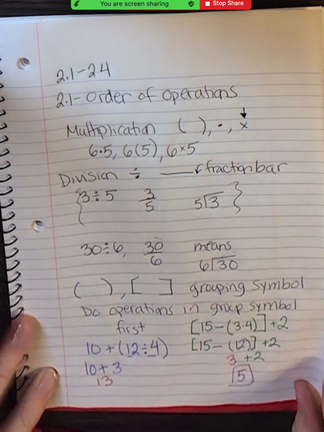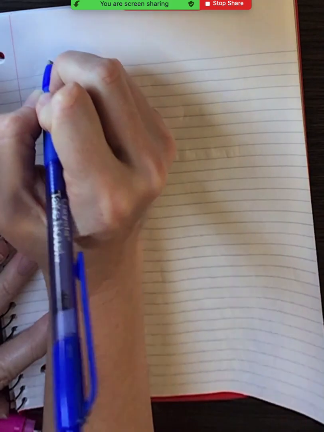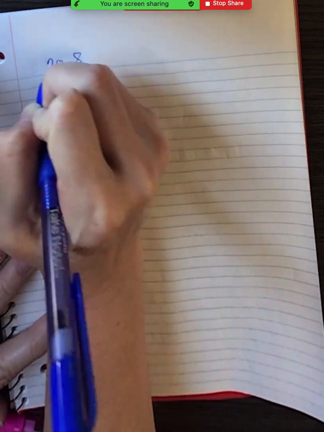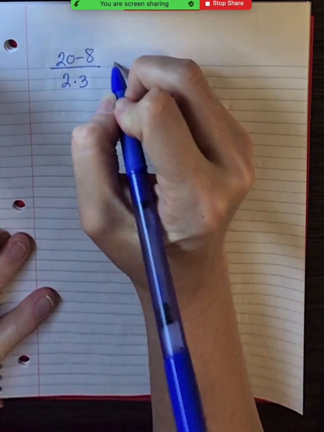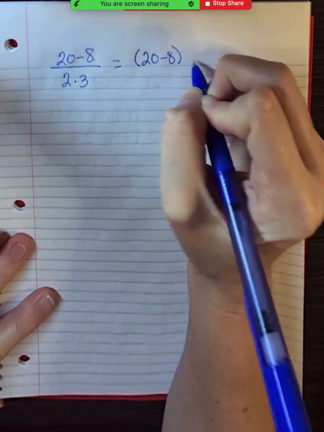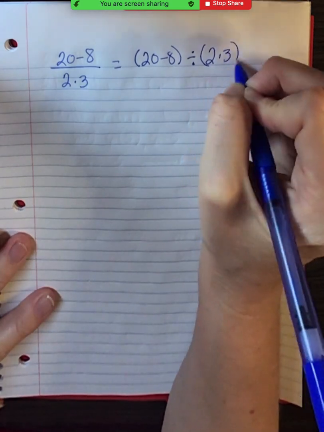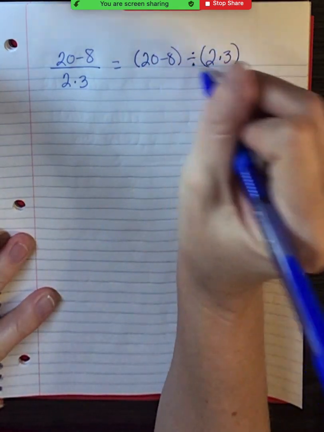Another grouping symbol is the division bar. Because if I consider 20 minus 8, and then the division bar, 2 times 3. If I were to write this out, what it means is in parentheses I have 20 minus 8, then I divide that quantity by 2 times 3. Without those parentheses, I would have 8 divided by 2.